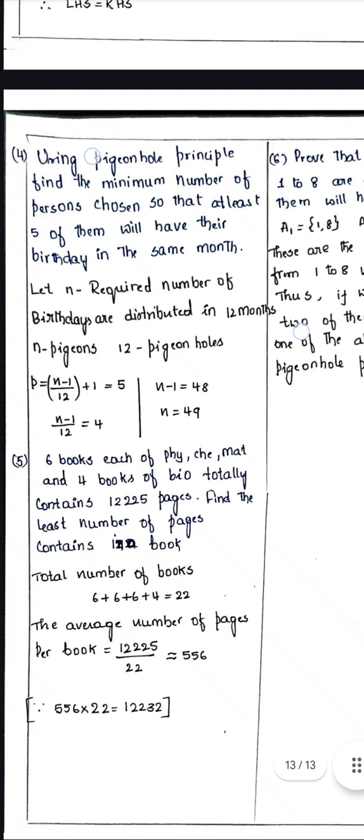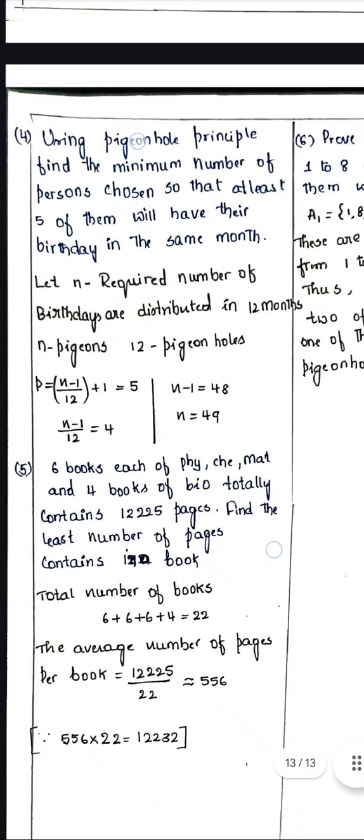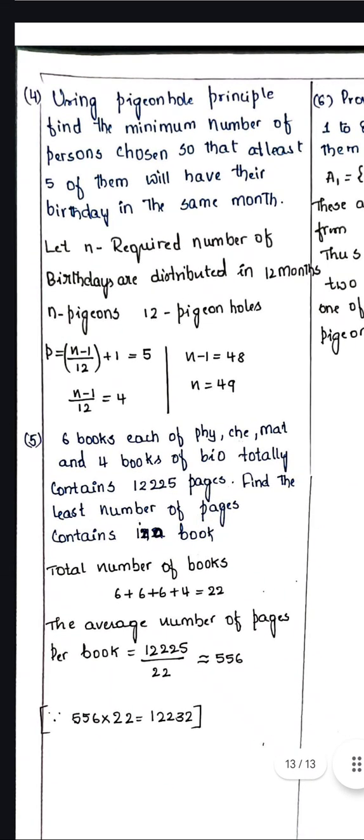Then using the pigeonhole principle, find the minimum number of persons chosen so that at least 5 of them will have their birthday in the same month. Let n be the required number of birthdays distributed in 12 months.